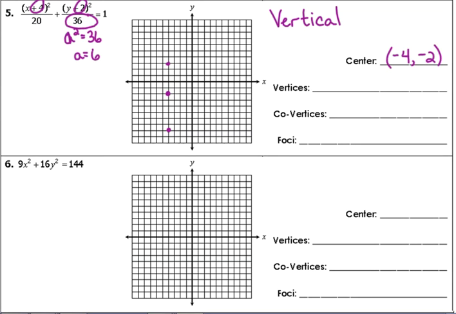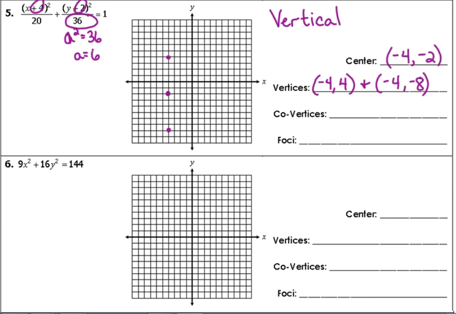My vertices have the same x coordinate as my center. I add 6 to the y, and I subtract 6 from the y. I think it's easier to put it on the picture first and then look at what my points are actually going to be. So if I go up 6, that puts me at -4, 4. If I go down 6, it puts me at -4, -8.